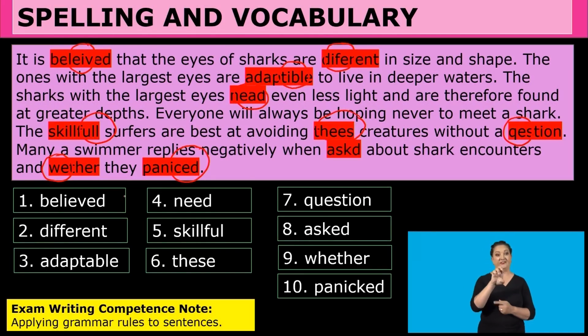Believed and different, there we've got the double F. Adaptable, the need, all right? Skillful, we drop the second L, otherwise the word is too loaded. And then the Q requiring the U as well as asked, all right? There's the E missing in the text. And then panicked, your rule, you need a K after the C, all right?